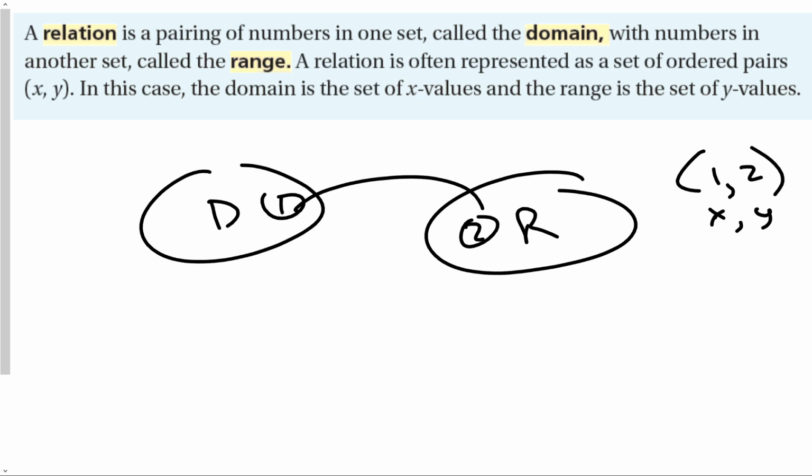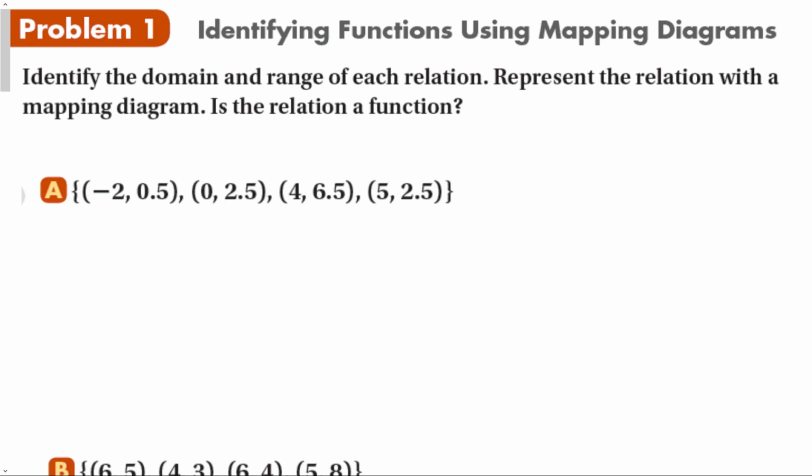So a relation is often represented like this as a set of ordered pairs with x comma y. In this case, the domain is the x values and the range is the y values. And that's how most problems will work. When you look at a set of numbers, my domain is going to be the x values and the range is going to be the y values.